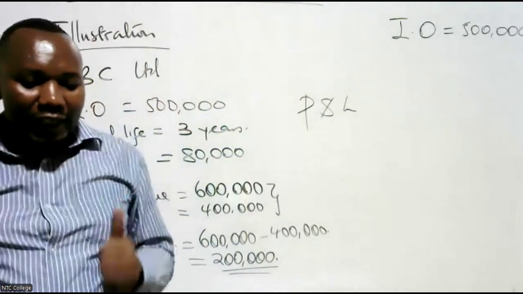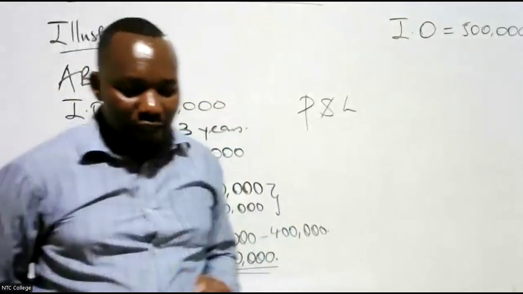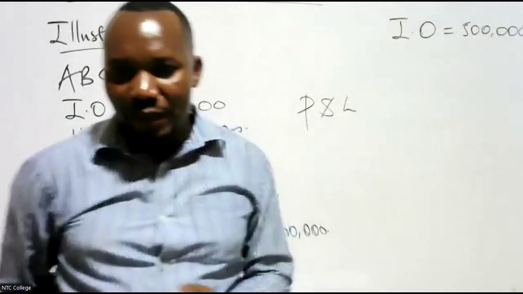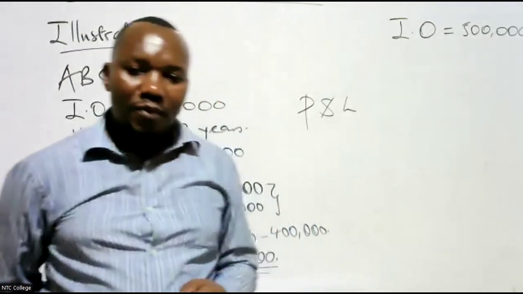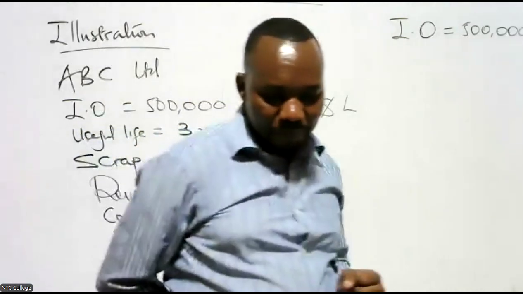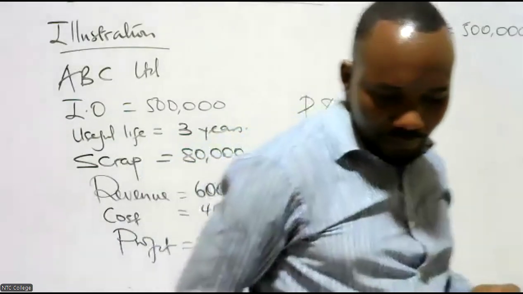Number one, calculate the NPV of the project. That is Roman 1. Roman 2.